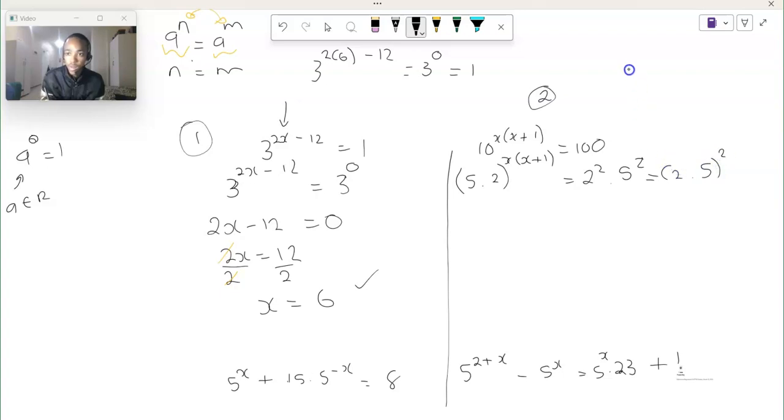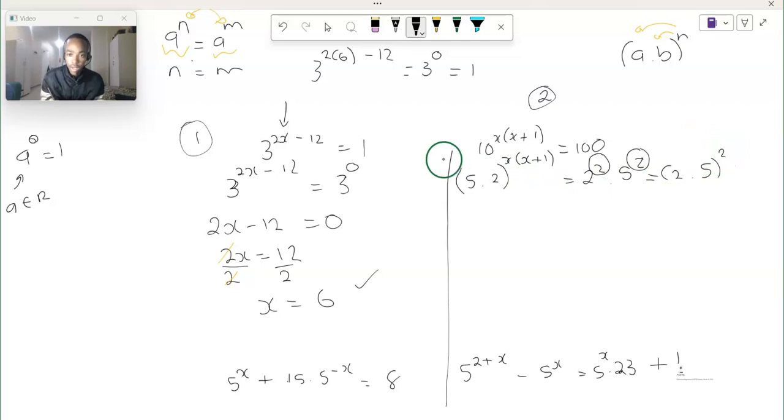So why are we doing this? Remember we said last time that when we have a times b to the power n, the a and the b will both receive the n. In this case you can see that they are both common with the 2, so you can take the 2 outside.